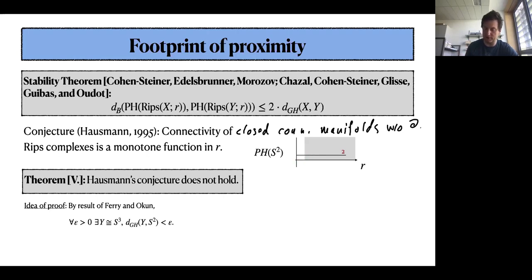That's a topological footprint. Y is a 3-sphere, so it starts with a 3-dimensional bar. So that's, again, topological footprint. But because it's very close to S2, a 2-dimensional bar also has to appear somewhere. So that's your counterexample. I mean, you have to polish up the details a little bit, but that's the gist of it. This part is given by topological footprint, and this part is given by footprint of proximity. And here's your counterexample.